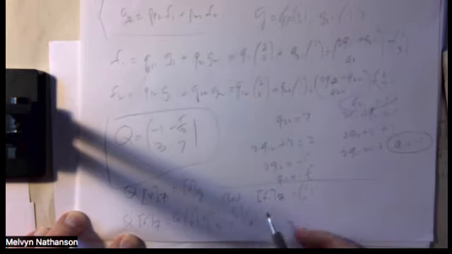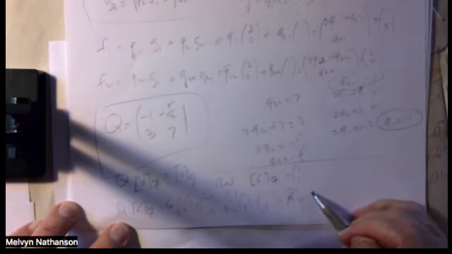So Q applied to the coordinate vector of F1 with respect to F, that's Q times the vector (1, 0). Q is the matrix with rows (minus 1, minus 5/2) and (3, 7). If I apply that to (1, 0), I get (minus 1, 3). That's supposed to be the coordinate vector of F1 with respect to G.